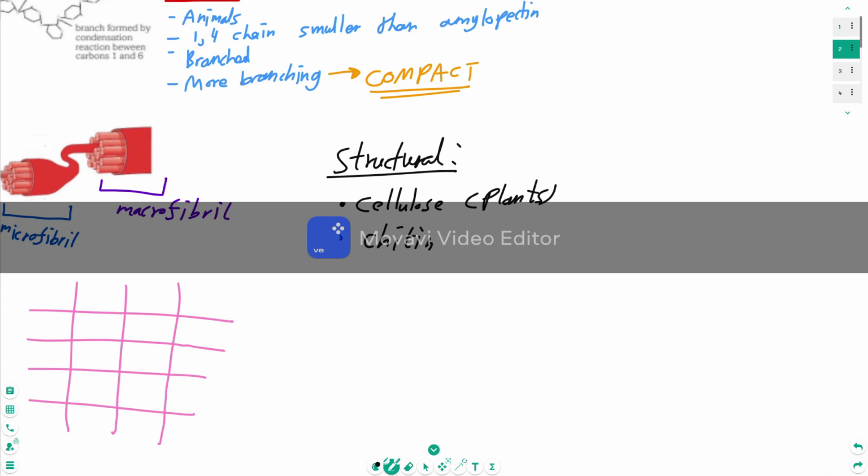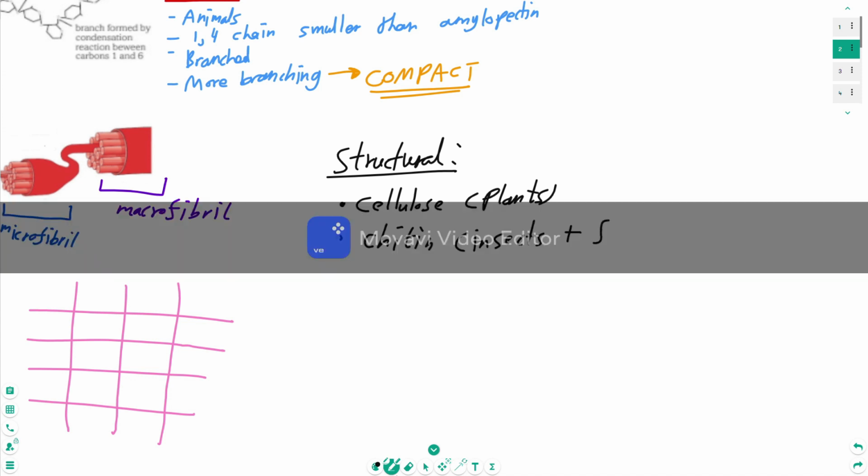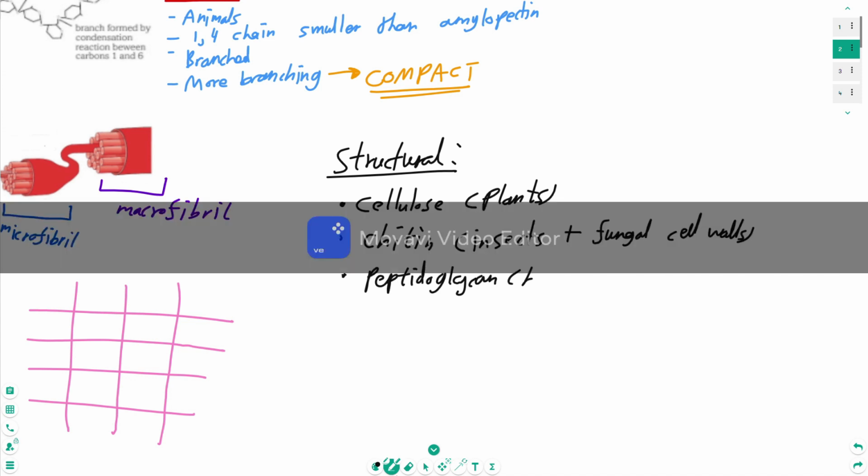Chitin is found in insects, so it helps provide the exoskeleton of insects, and it's not a major component, but it helps in the support for cell walls of fungi, fungal cell walls. And we also have peptidoglycan for bacteria.